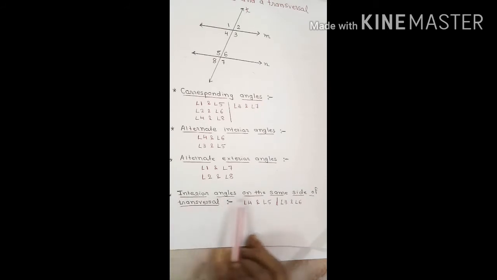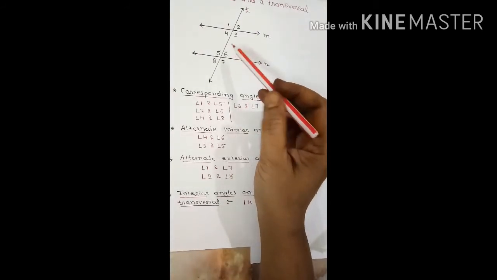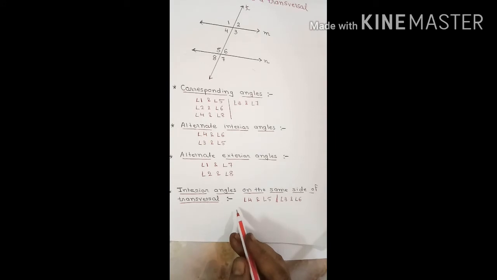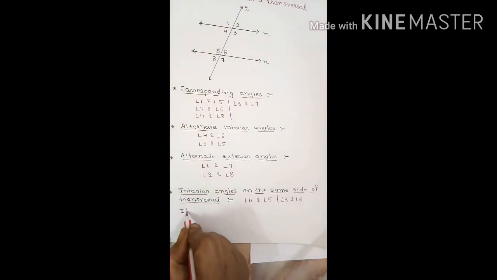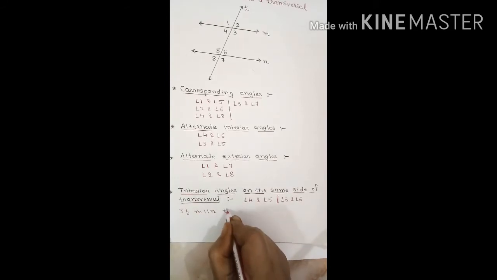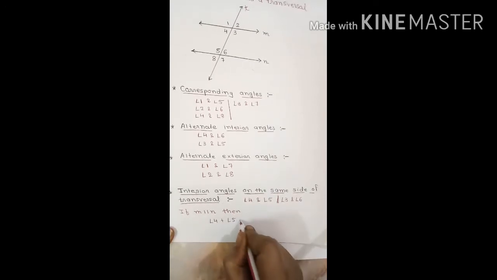Now one very important result of this: if lines are parallel, then interior angles on the same side of the transversal are supplementary. Supplementary means the sum is 180. But what is the condition? Lines are parallel. So if M is parallel to N, then only angle 4 plus angle 5 is equal to 180.